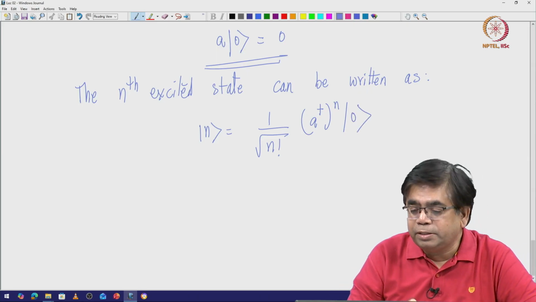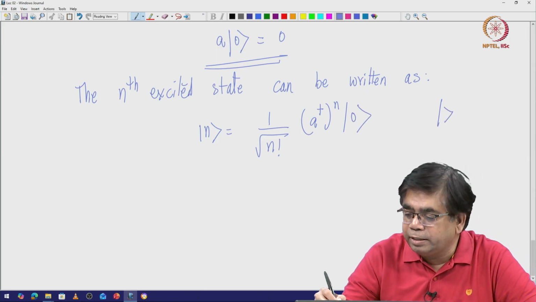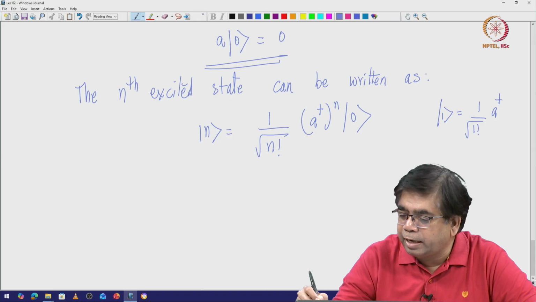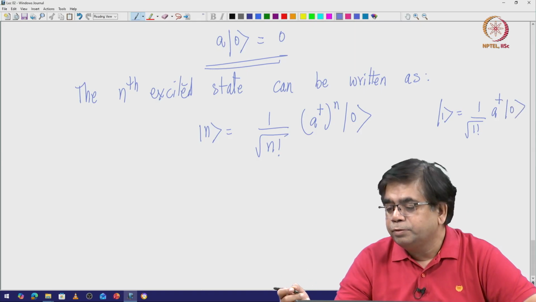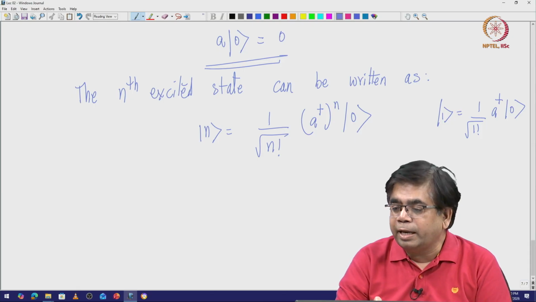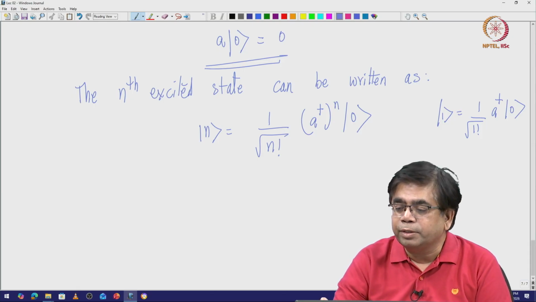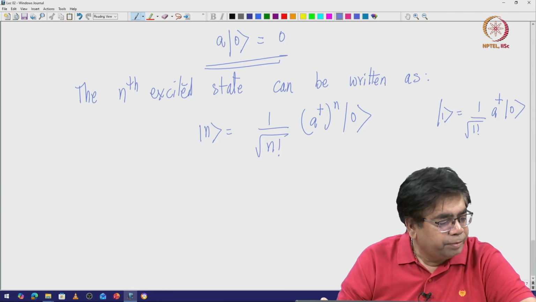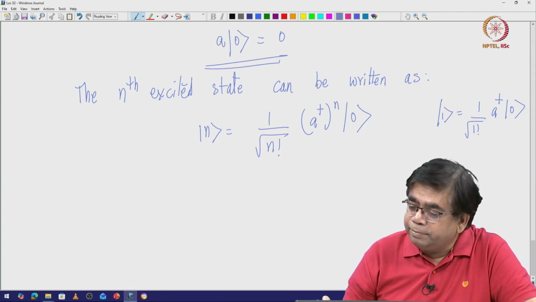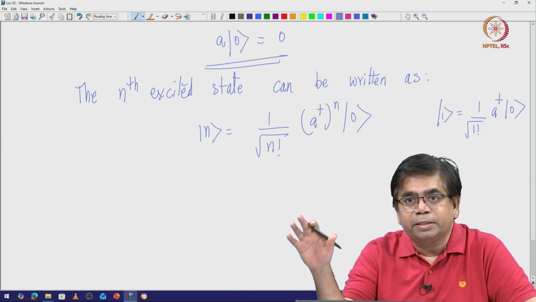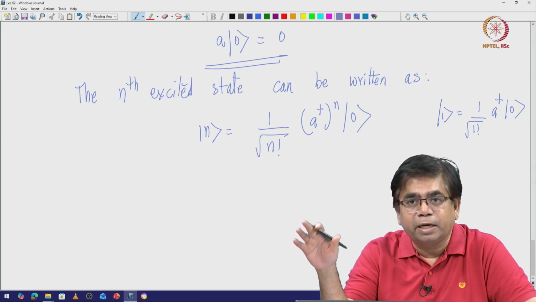The first state is 1 over root 1 factorial times A dagger acting on the vacuum. So, the nth state is given by A dagger acting n times on the vacuum state. This is crucial for our understanding of the canonical quantization of the scalar field.